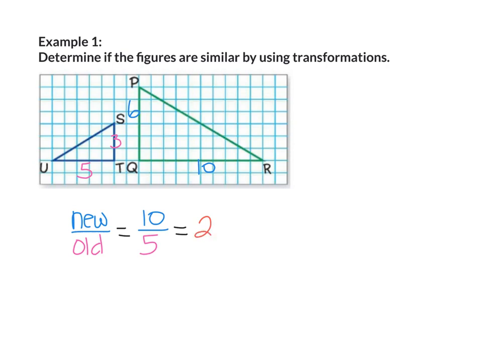Now we're going to do that again, but this time for the height. So the height of the new triangle is 6. We're going to divide that by the height of the old triangle, which is 3. So 6 divided by 3, again, will give us 2. Since our answer is 2 both times, yes, they are similar.